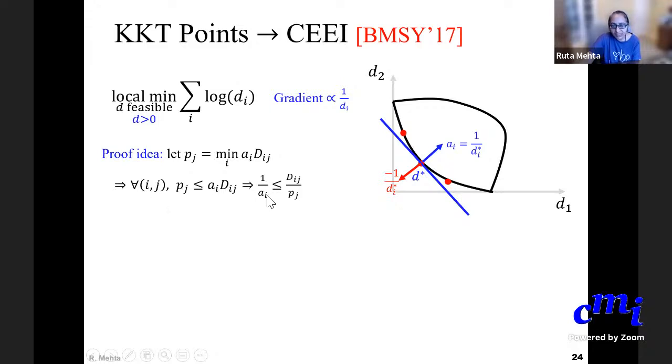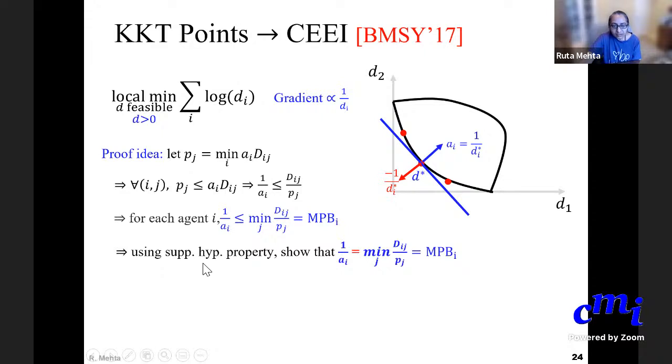That means 1 over Ai is less than or equal to Dij over Pj. Okay, I'm just doing some math manipulations here, simple. So for every agent i, I know that 1 over Ai is less than or equal to the min over j of Dij by Pj, right? Which is our minimum pain per buck for these prices, by definition.